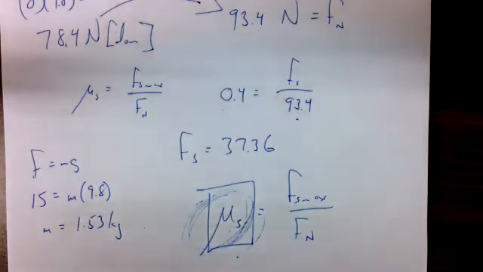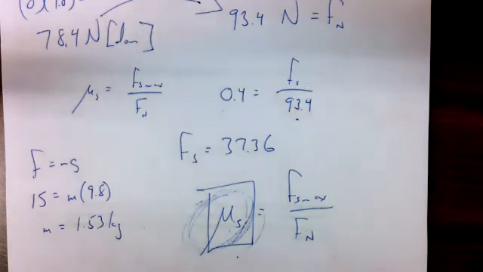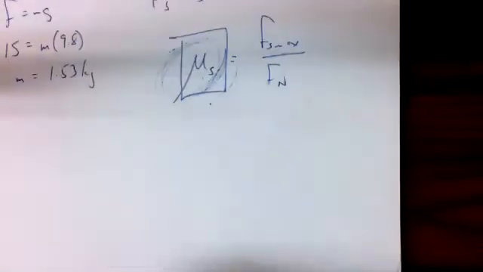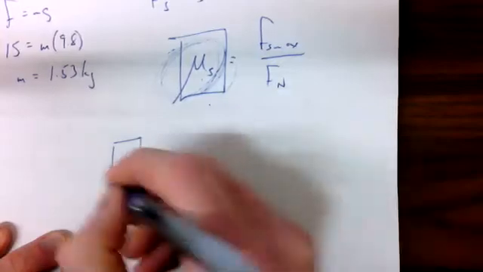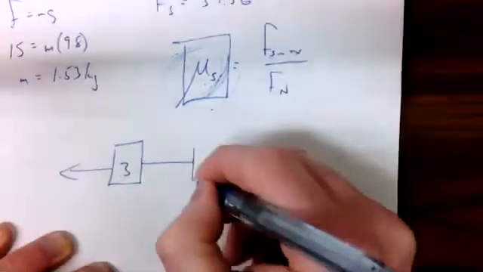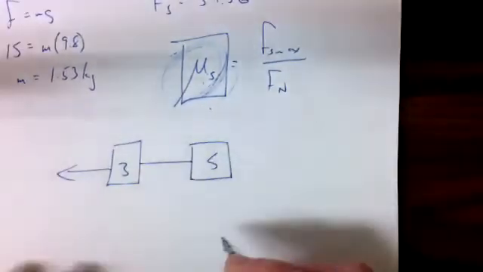But if you're pulling the 5 kilogram object and dragging the 3 kilogram behind it, now there's going to be a change because that 3 one is functionally heavier. Does that make sense? Here, let me draw it. If I pull the 3, and it's attached to the 5.